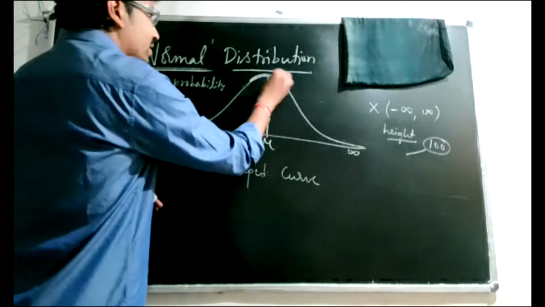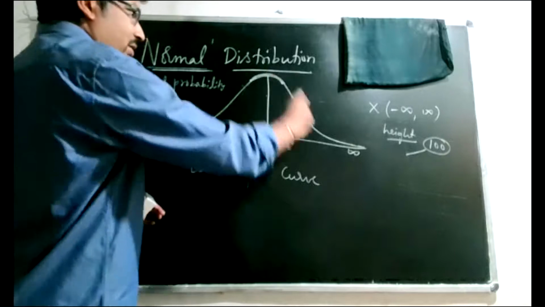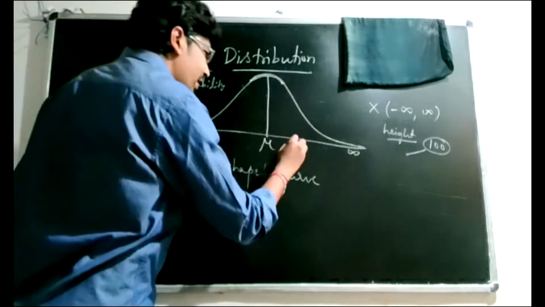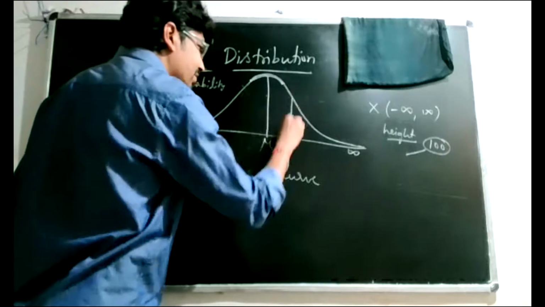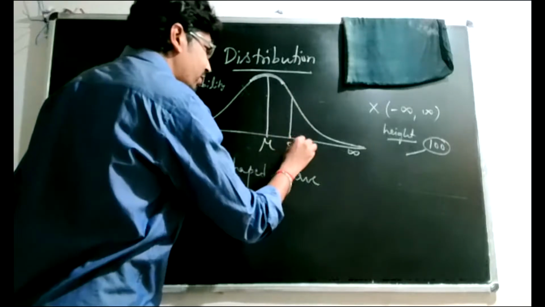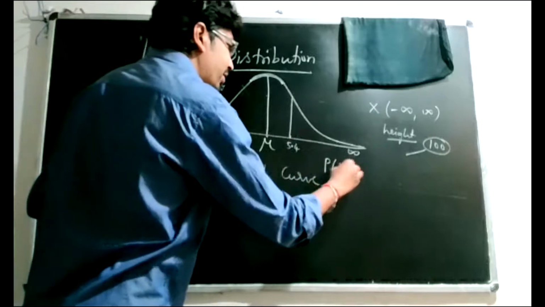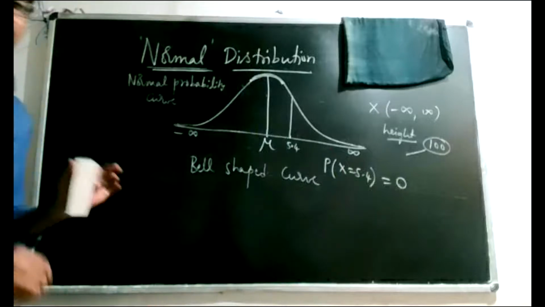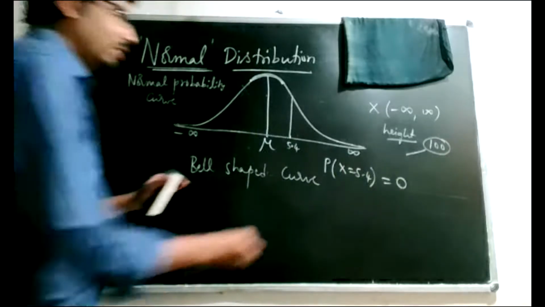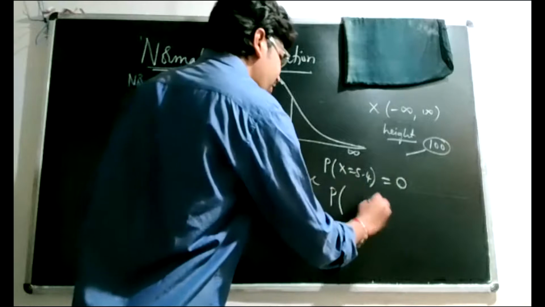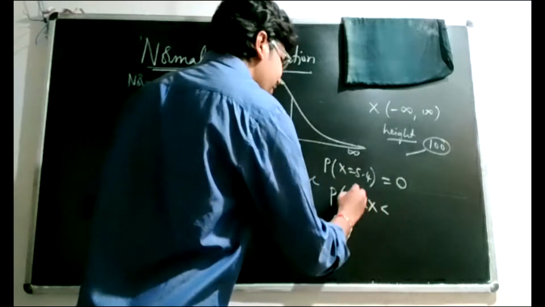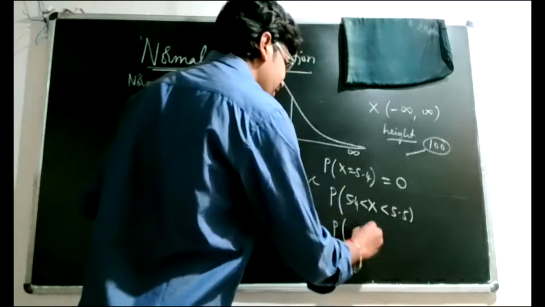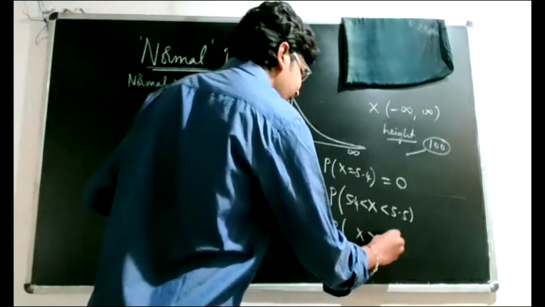And if you look into this now, since it is a continuous curve, you can't produce the probabilities. You can't say what happens to a particular value of x. So if I say x is equal to 5.4, what is the probability of x is equal to 5.4? As said earlier, you can't pick the particular cases, but you can say what is the probability that x is in between 5.4 and 5.5, or what is the probability that my x is greater than 10.